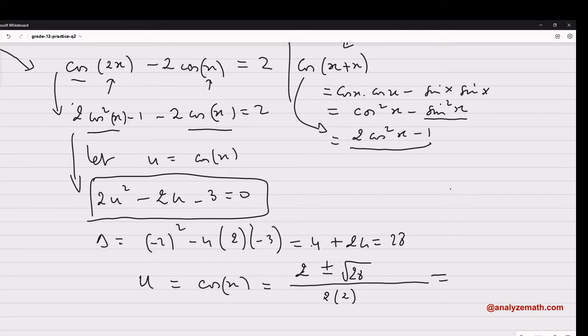Now this can be simplified, since 28 is 4 times 7. The square root of 4 is 2, the square root of 7 stays there, and all this becomes 1 plus or minus square root of 7 over 2.